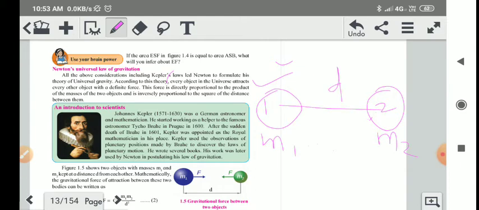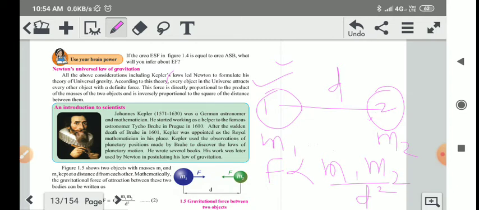Then according to Newton's law, the force between them is directly proportional to the product of their masses, that is m1 into m2, and inversely proportional to the square of the distance between them, that is d square.